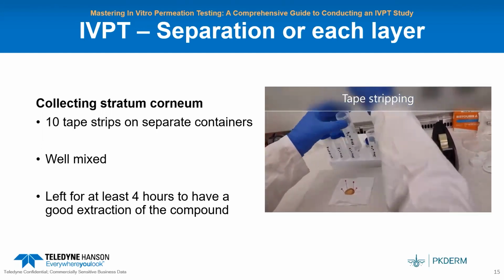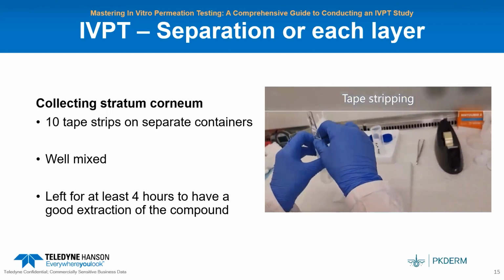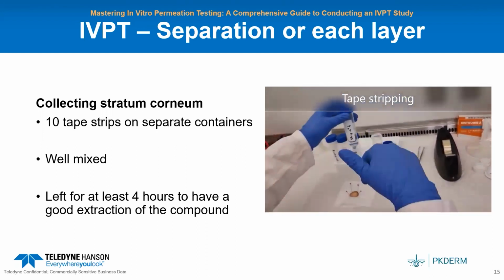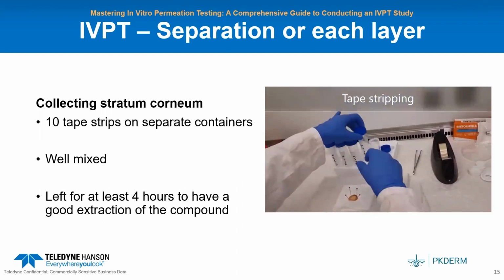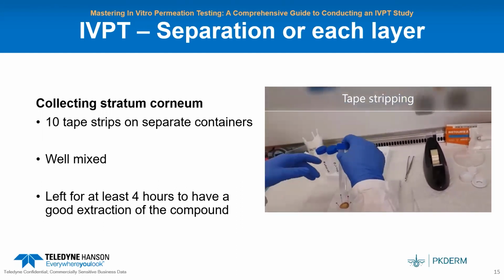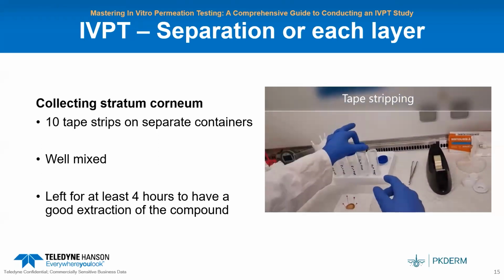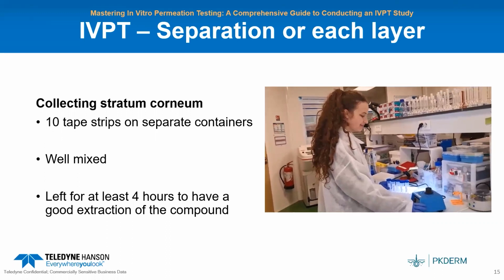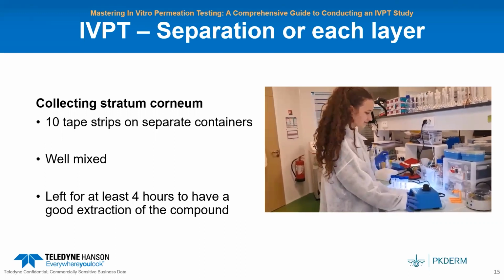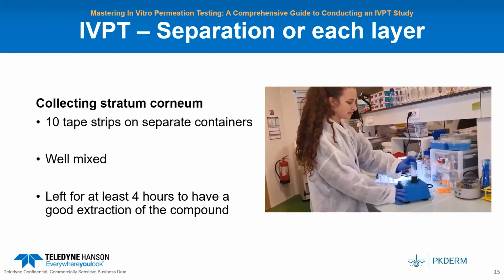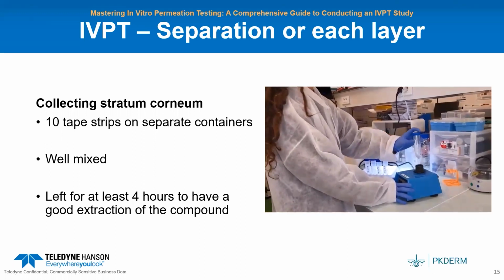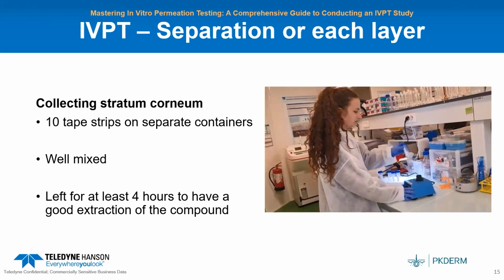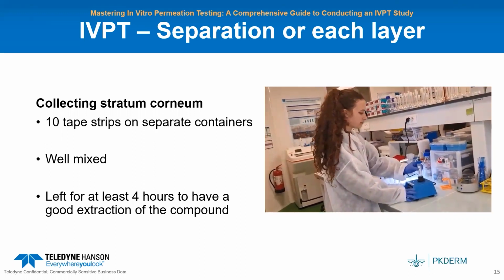Normally, one adhesive tape can remove one layer of the stratum corneum. The tubes containing the stratum corneum are then mixed very well and left under shaking for at least 4 hours in order to extract the test compound from the stratum corneum before analysis.